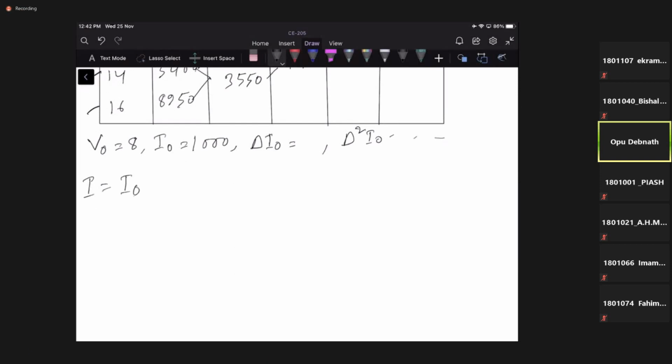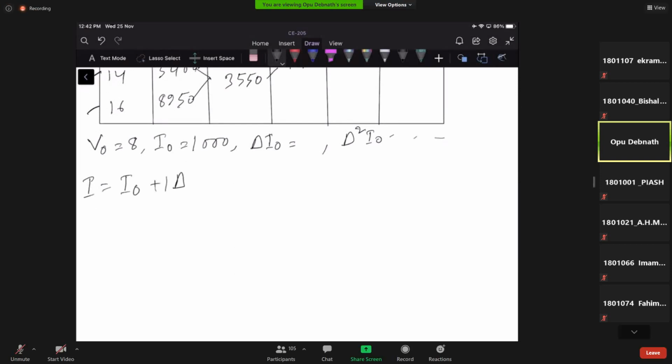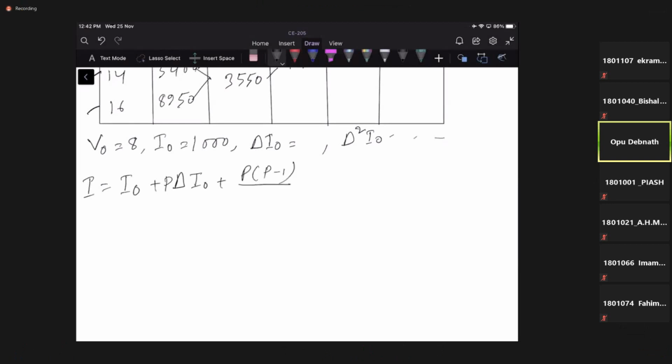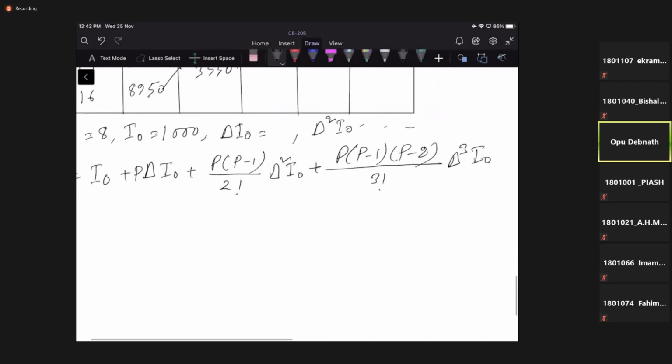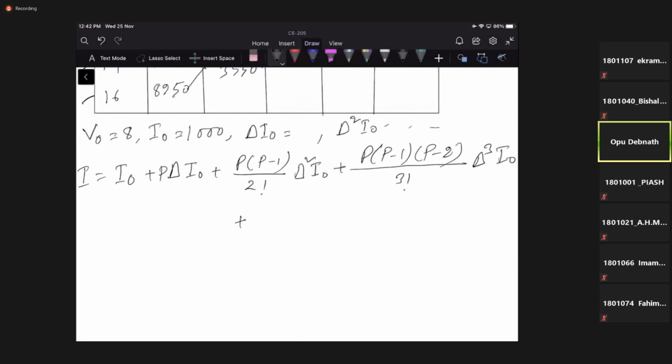This will be I equal to I0 plus P del I0 plus P into P minus 1 divided by 2 factorial del square I0 plus P into P minus 1 into P minus 2 divided by 3 factorial del cube I0 plus the fourth term, this is P into P minus 1 into P minus 2 into P minus 3 divided by 4 factorial del to the power 4 I0.